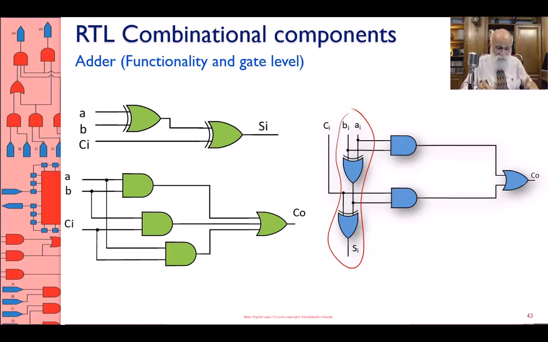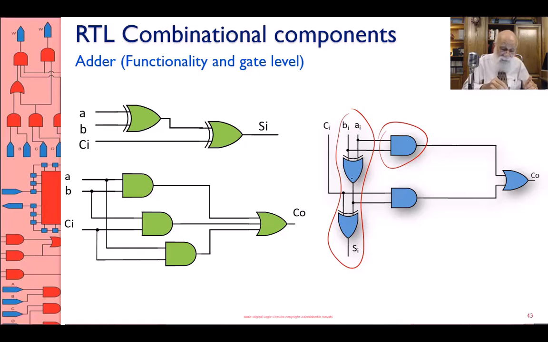But then the carry out, instead of doing AND and OR of the A, B, and CI, what I do is I do an ANDing here, and then take the output of the XOR, that is XORing AI and BI.